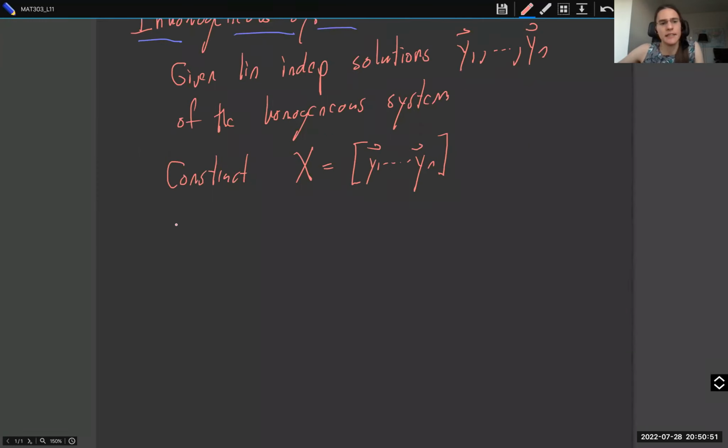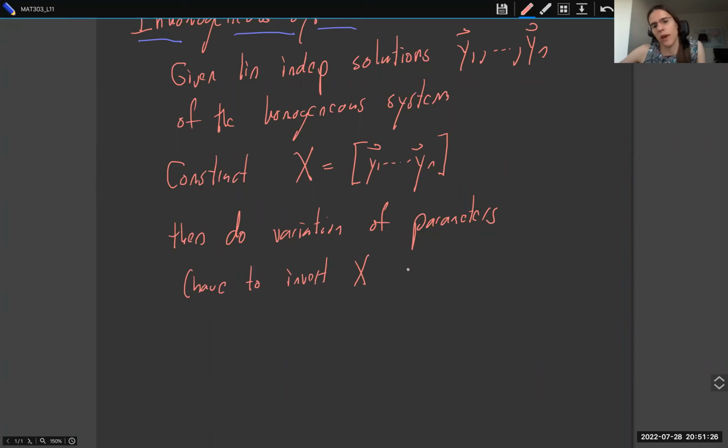And then you can do variation of parameters. So how do you do variation of parameters? And you'll have to invert X along the way. Again, see notes.